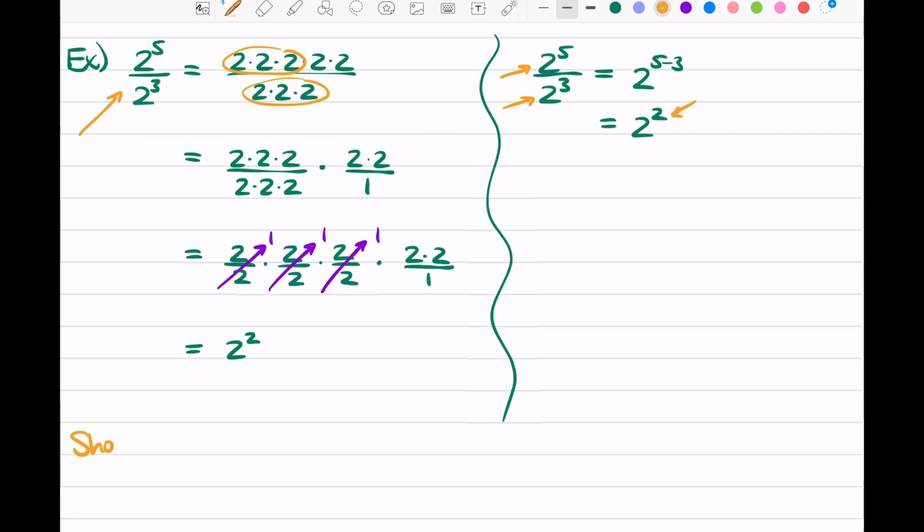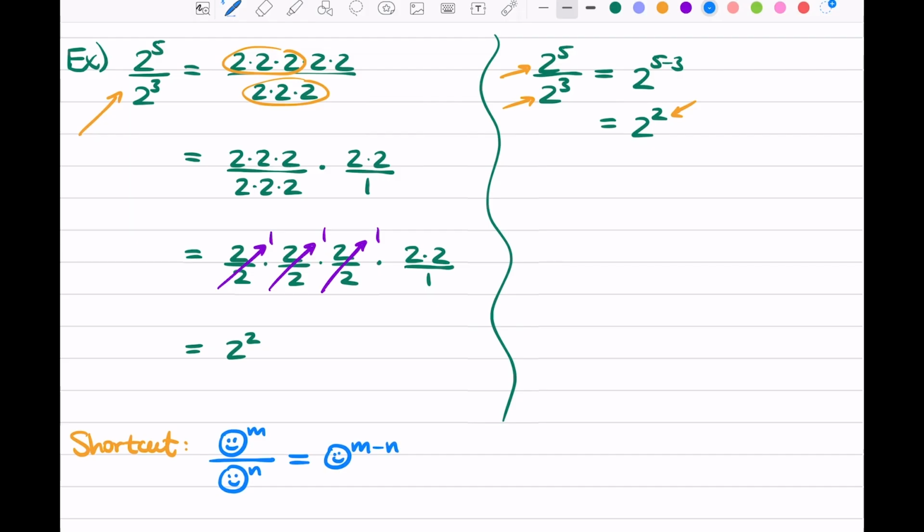And writing this as a shortcut, if we have some number to the m power divided by that same number to the n power, our answer is going to be that number to the m minus n power.